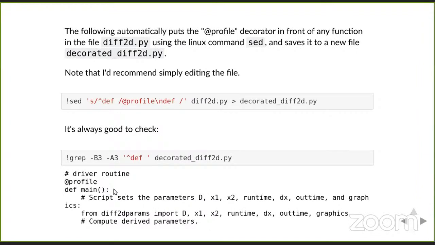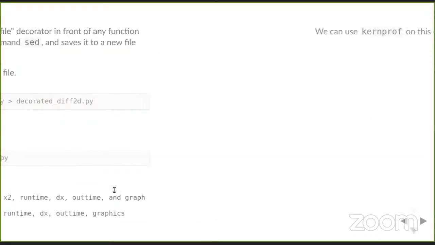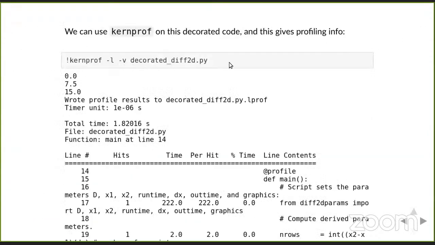That, as I said, turns the main function from an opaque function into a function that Line Profiler can look into. So now when we run kernprof -l -v and the name of the new script, we get the same output as before, and then we actually get some profiling information. Now, on slides, this looks horrible because it's all wrapped around and it goes on forever.